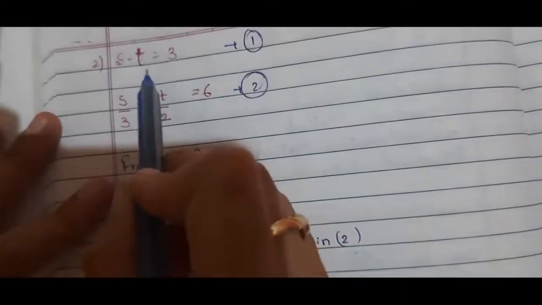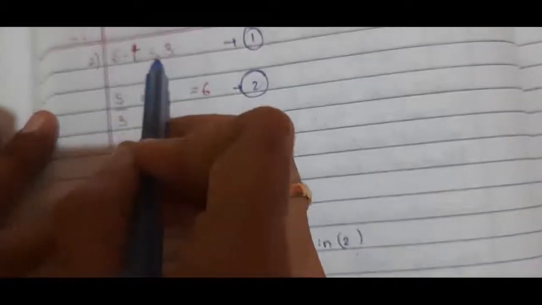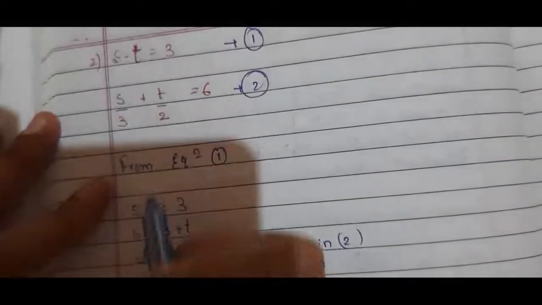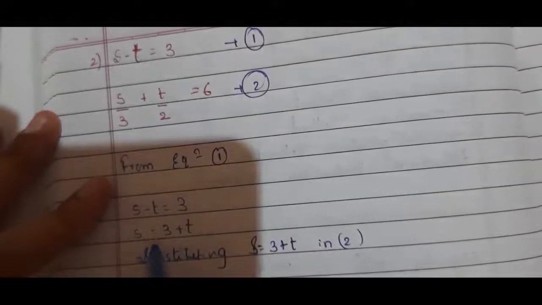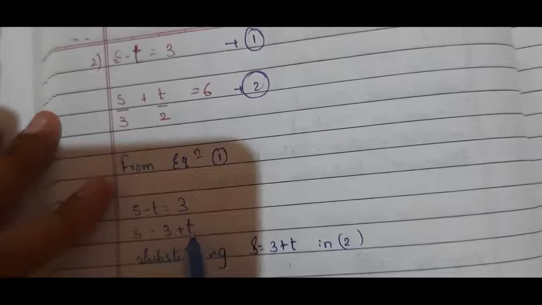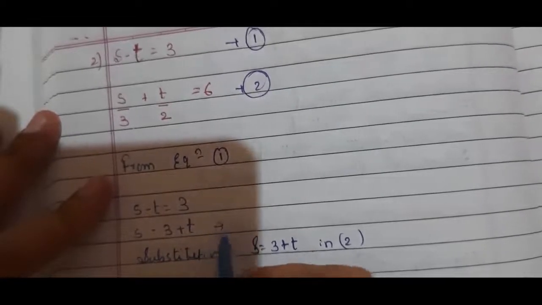See, from equation first and equation second. From equation first, s minus t equals 3. I want the s value now, so I am sending t to the RHS part. It gets s equals 3 plus t. Take it as equation third.